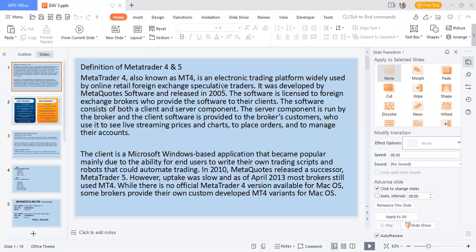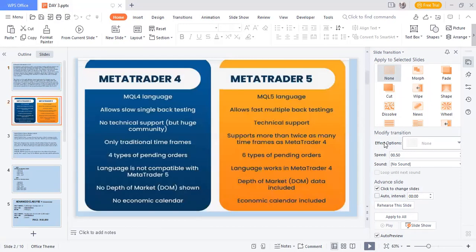Now, the major difference between MetaTrader 4 and 5 is that MetaTrader 4 has Meta Code Language, which was used to design it. And it allows slow single back testing, no technical support, but a huge community. One major difference I want you all to look at is MetaTrader 4 has only 4 pending orders.